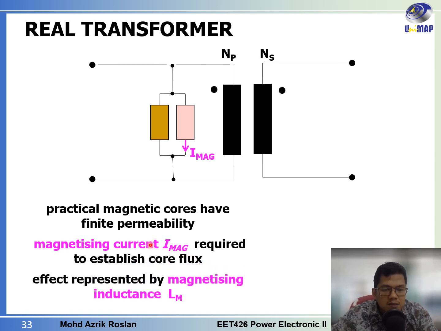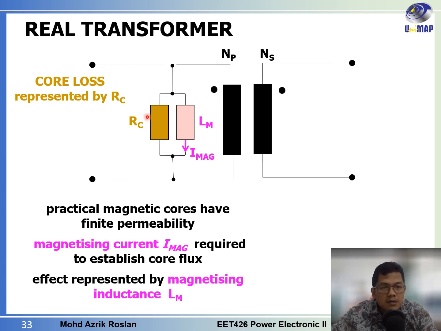This effect is represented by the magnetizing inductance, Lm. Another parameter that we must have in a real transformer is the core losses. Because the core itself can conduct current, it can have I squared R losses. This will be represented by RC here. By having these two components, RC and Lm, we can represent the losses occurring in the real transformer.